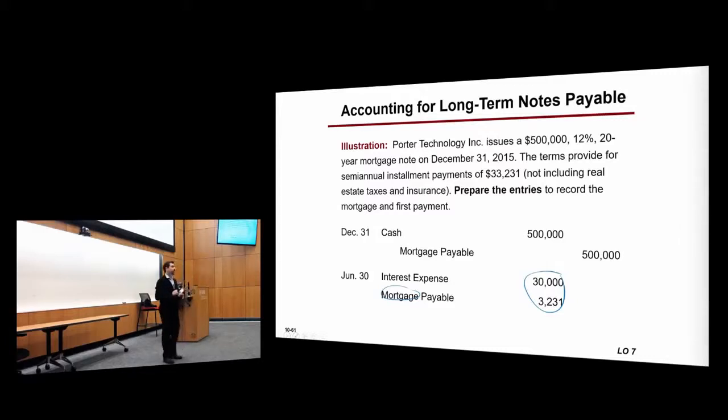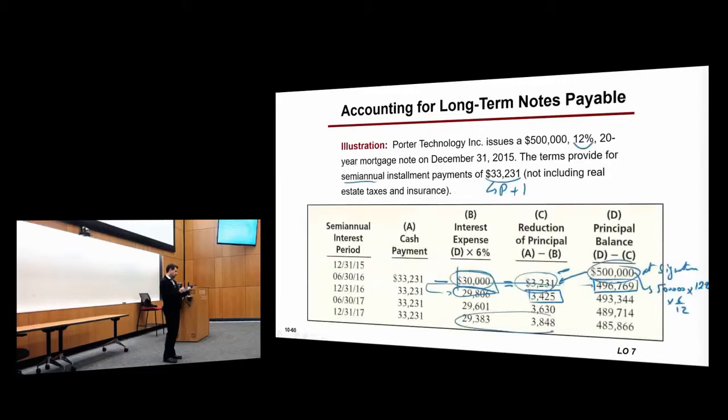Mortgage payable will be the part that is calculated by subtracting, as you can see here. This is the interest expense, it's the rate multiplied by the remaining balance in the principal.